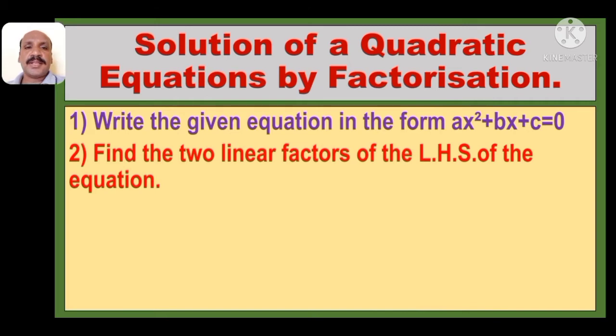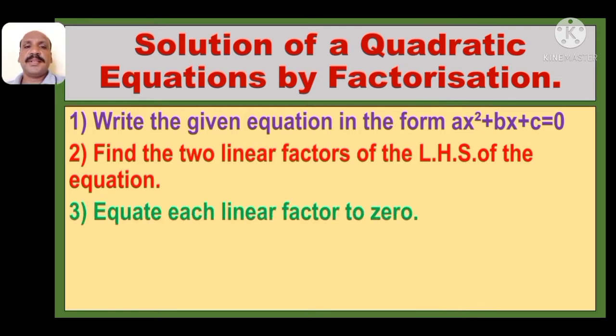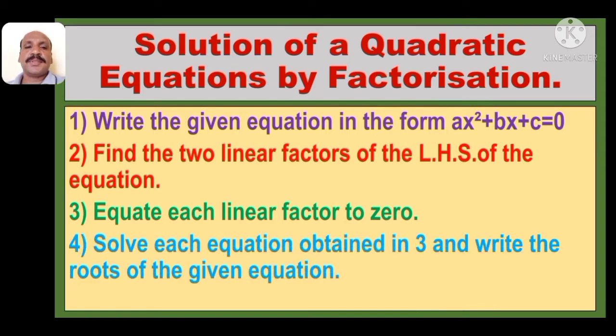Second, find the two linear factors of the left hand side of the equation. Third, equate each linear factor to 0. Fourth, solve each equation obtained in the third step and write the roots of the given equation.